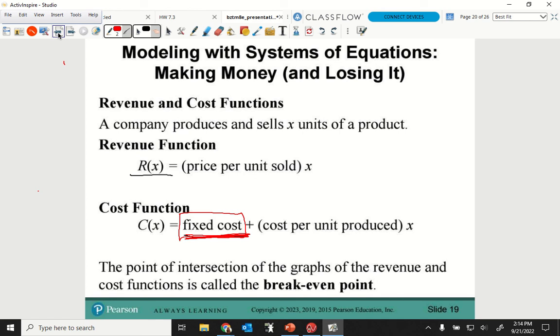If I only sell 1, I'm still losing money, right? But at a certain point, when I sell enough, I break even. That's the point I'm looking for. Everything you sell above that is going to be all profit, because you've already taken care of all the prices. So that's going to be the break-even point.